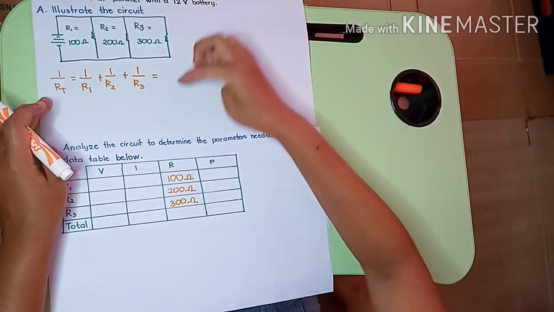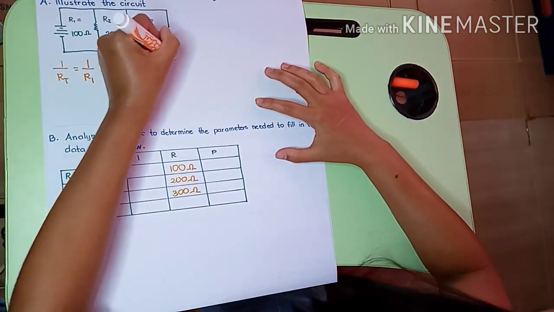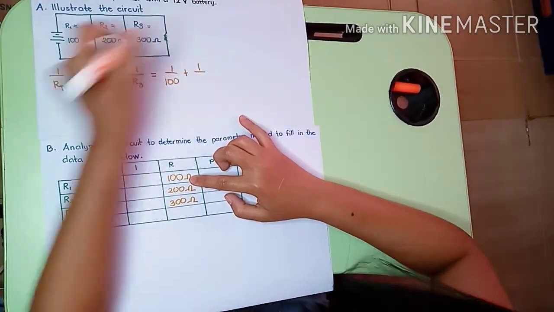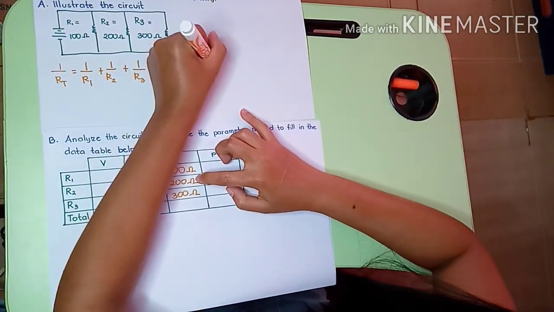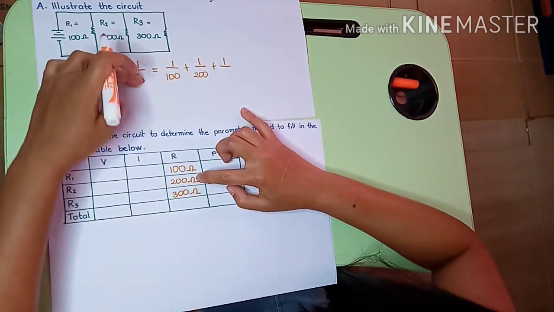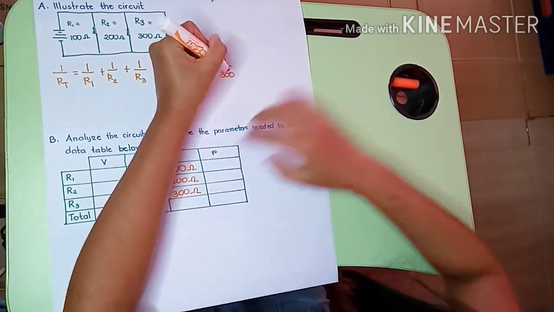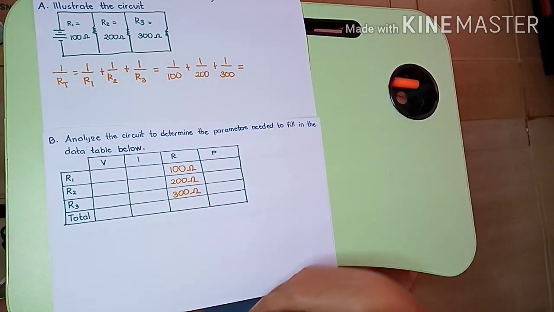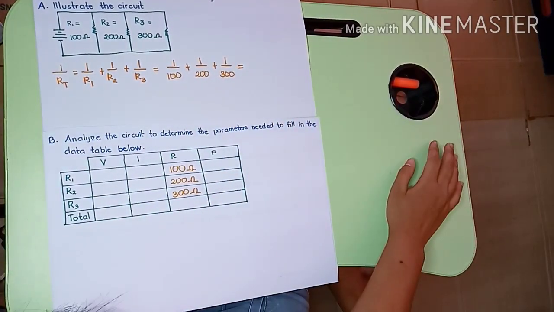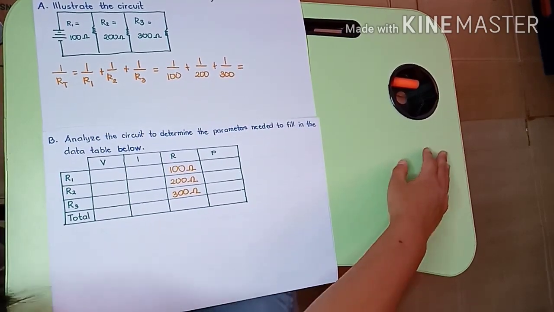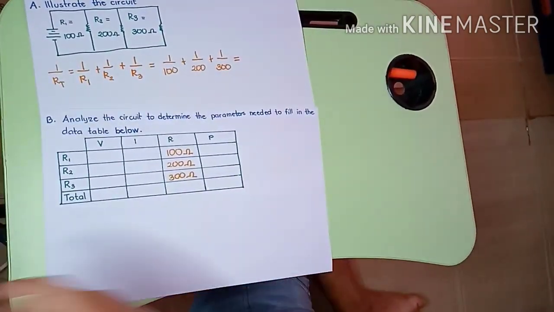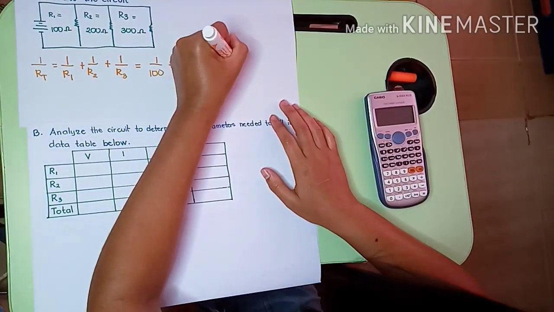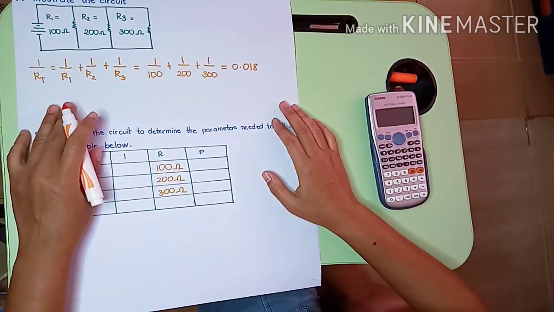Now, we will substitute it. R1 is equal to 100, so 1 over 100 plus 1 over R2 or 200 ohms, and 1 over R3 which is 300 ohms. Add these three and the result is 0.018.